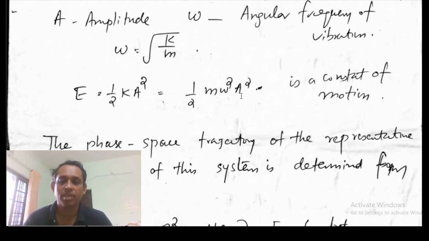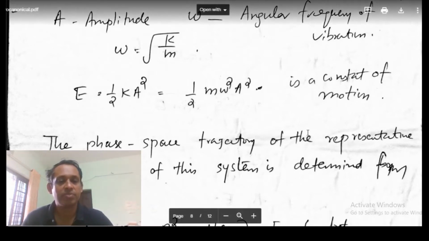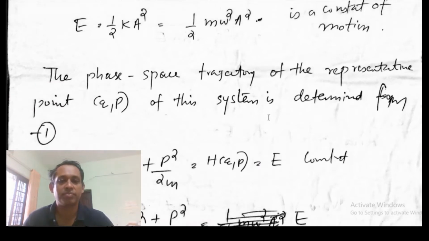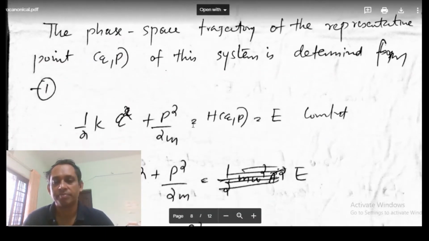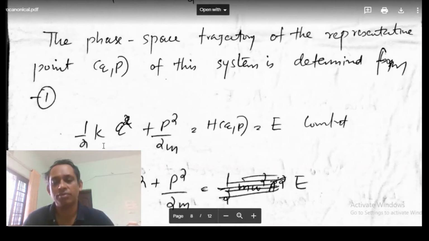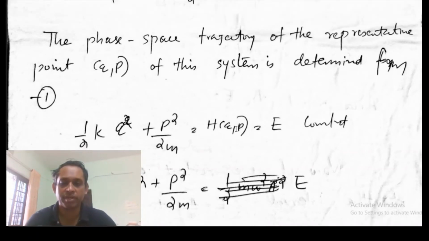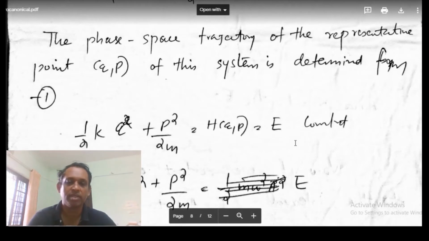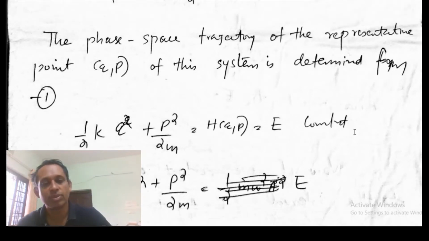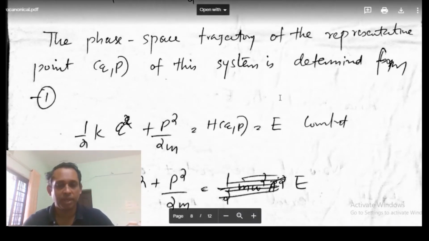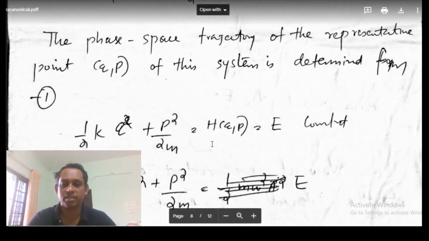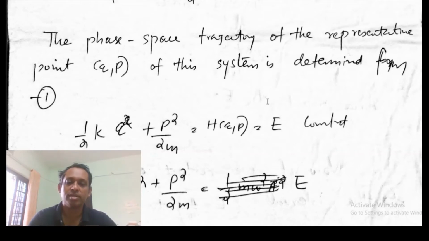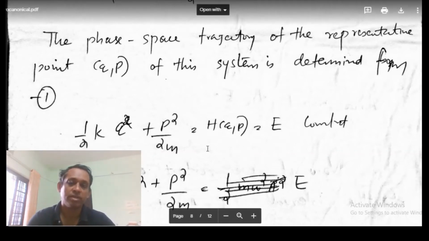The phase space trajectory of the system, where the total energy is constant, is given by half k q square plus p square by 2m, the Hamiltonian, equal to E, a constant. Basically the degrees of freedom in this case is 1. Why is it 1?